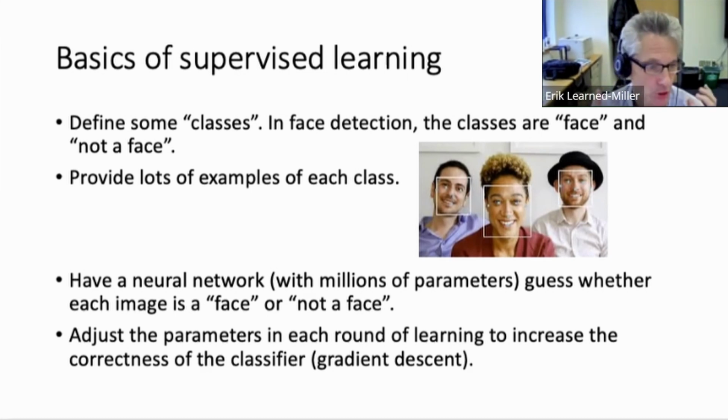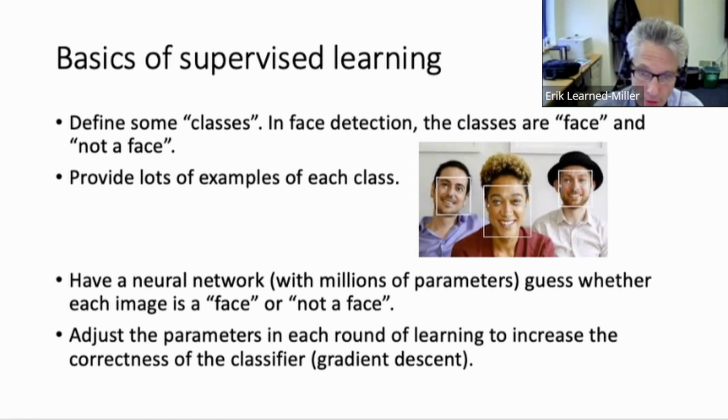Now, we're going to have two classes. If you think of the infinite number, or nearly infinite number of rectangles you could put down in an image, every rectangle you could consider to be either on a face or not on a face. And our goal is going to be to scan across an image, and whenever we see a face, put a box around it. So that's called face detection.